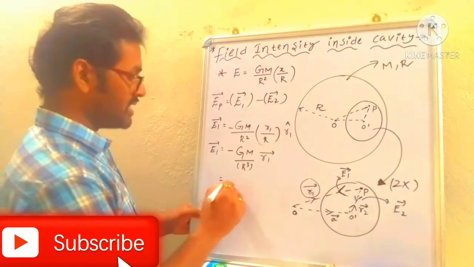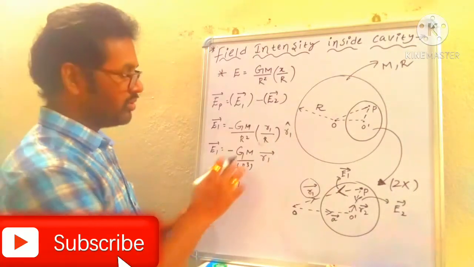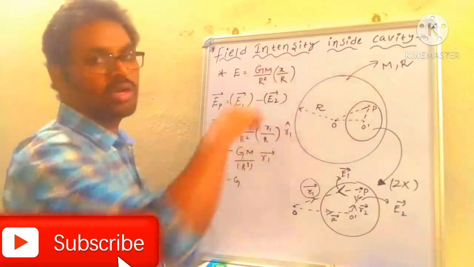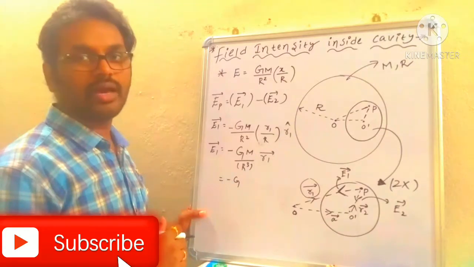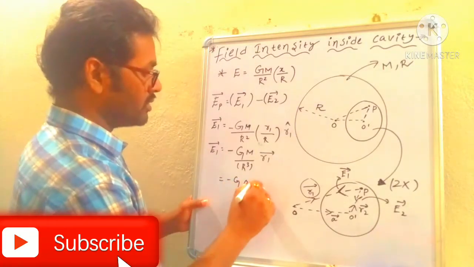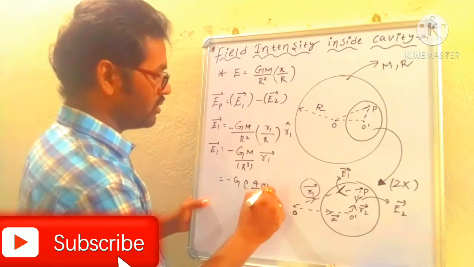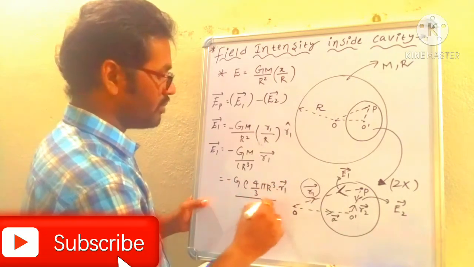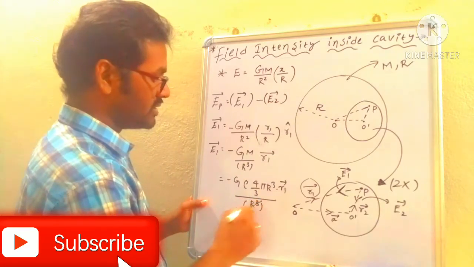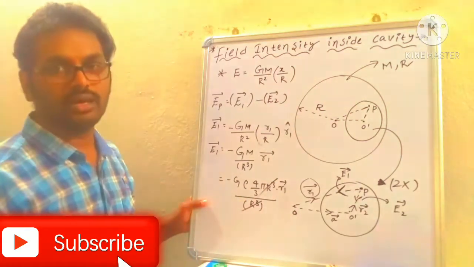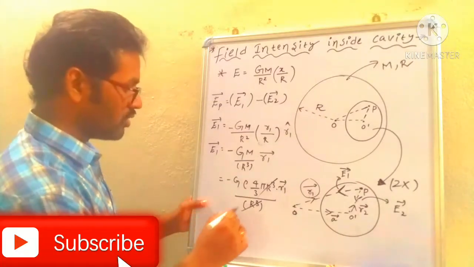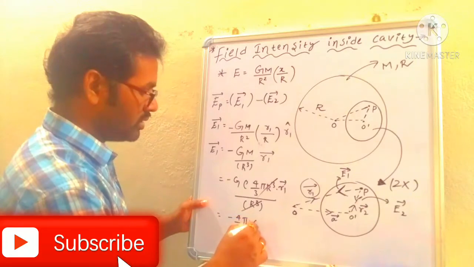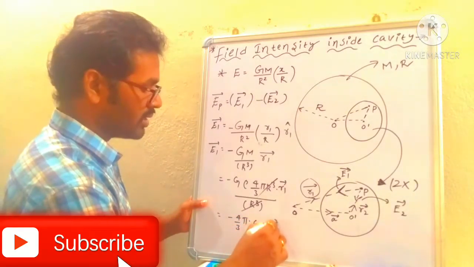So this can be changed as minus G into mass, which is the density of the sphere into its entire volume, 4 by 3rd pi R cube. You can write it as rho into 4 by 3rd pi into R cube into R1 bar divided by R cube. There you can see R cube gets cancelled out. And finally you get minus 4 by 3rd pi into G rho into R1 bar.